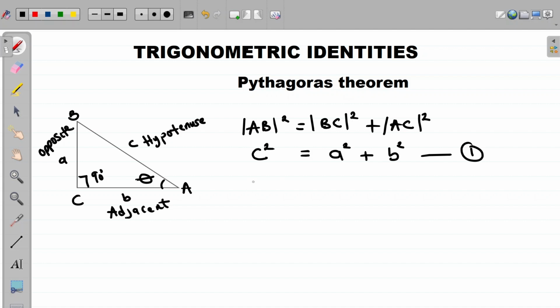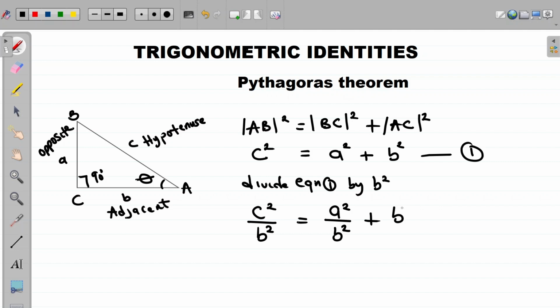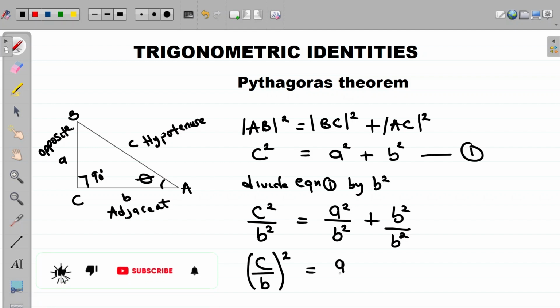Also, if we divide equation 1 by B squared, we obtain that C squared divided by B squared is equal to A squared divided by B squared plus B squared divided by B squared. Now, from our left hand side, we can express our equation as C divided by B all squared equal to A divided by B all squared plus B squared divided by B squared, which is equal to 1.